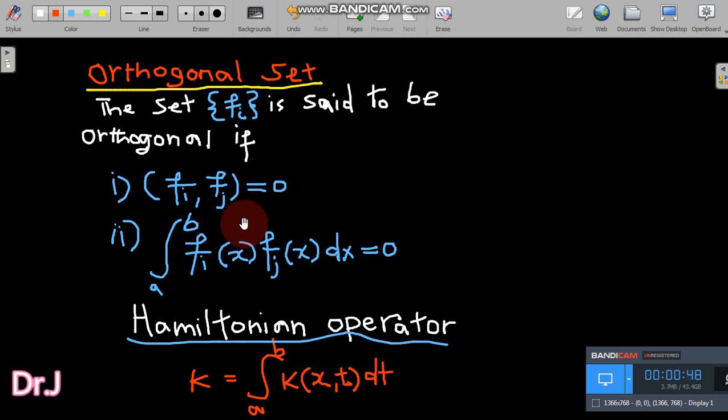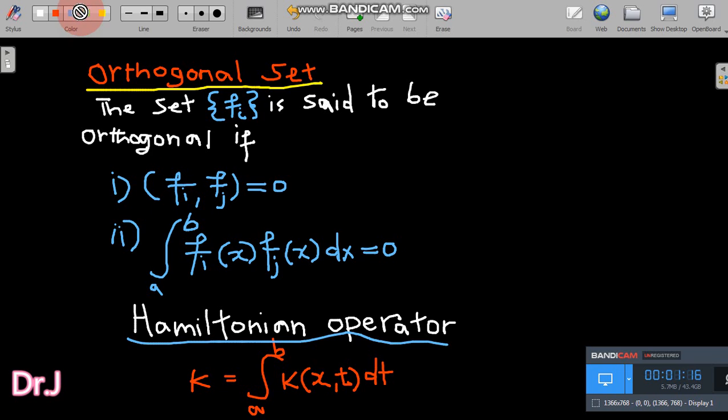The first one is this, second one is this. What is the first one? What we call an inner product. You are giving the notation like this. So the inner product of Fi and Fj. You must understand that Fi should not be equal to Fj.